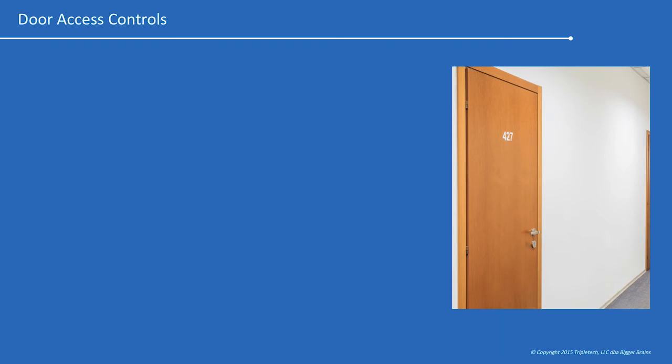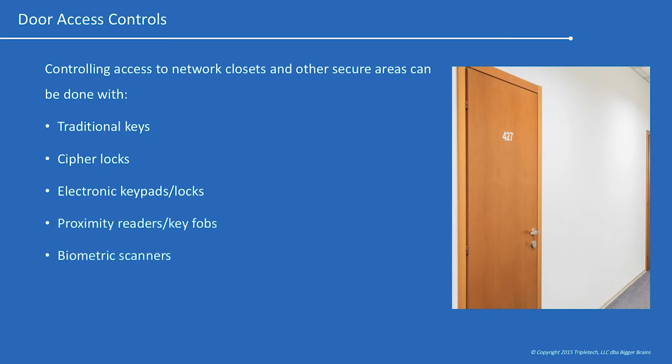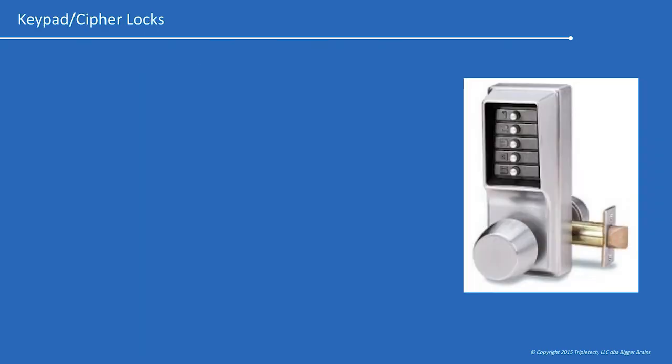There's a lot of ways we can control access to our doors. Controlling access to network closets and other secure areas could be done with traditional keys, the metal turn-them-in-the-lock kind of key, or Cipher locks, electronic keypads and locks, proximity readers and key fobs, or biometric scanners. Now, traditional keys, hopefully you're familiar with, but let's talk about some of these other ones. A Cipher lock is the device that you see here.